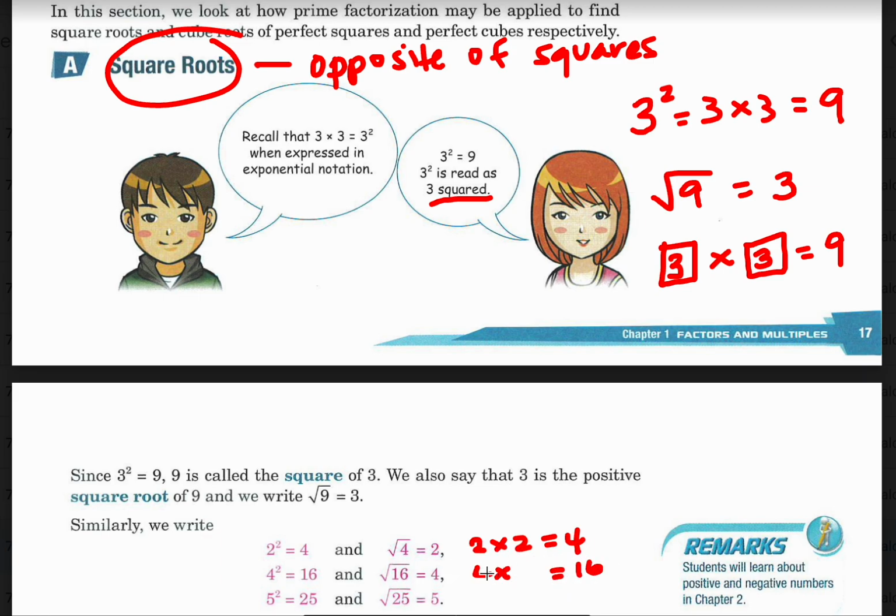And that answer is 4. 5 squared is equal to 5 times 5, or 25. Working backwards, what's the square root of 25? Well, they want to know what number multiplied by itself twice got us to 25. And that number is 5. Okay, so it's basically just going backwards and forwards. These two concepts are just opposites of each other.